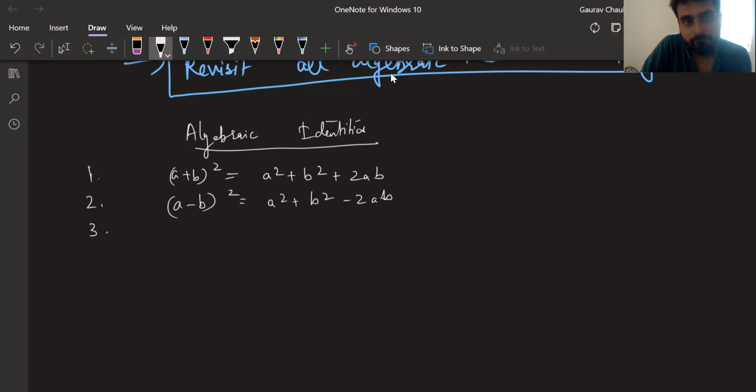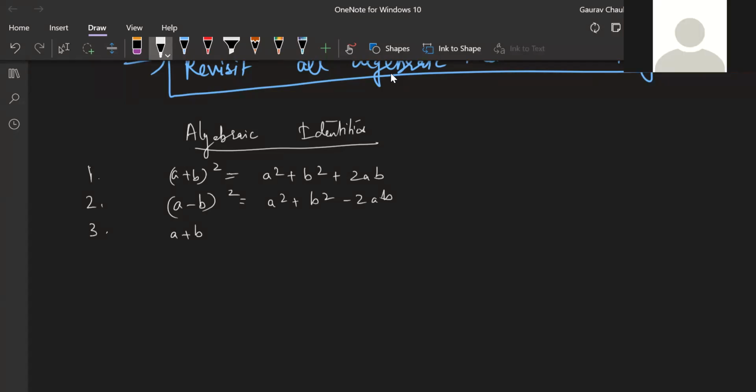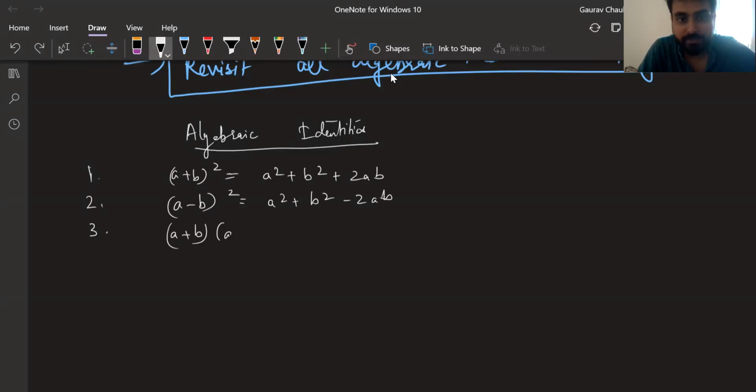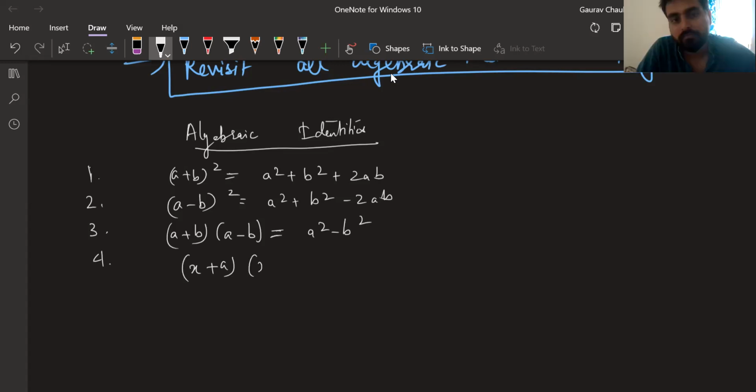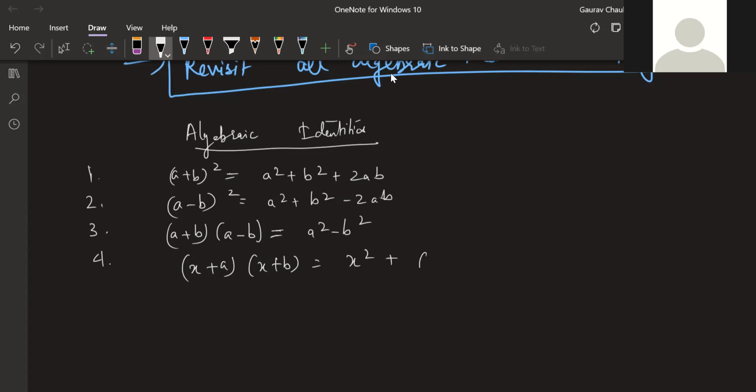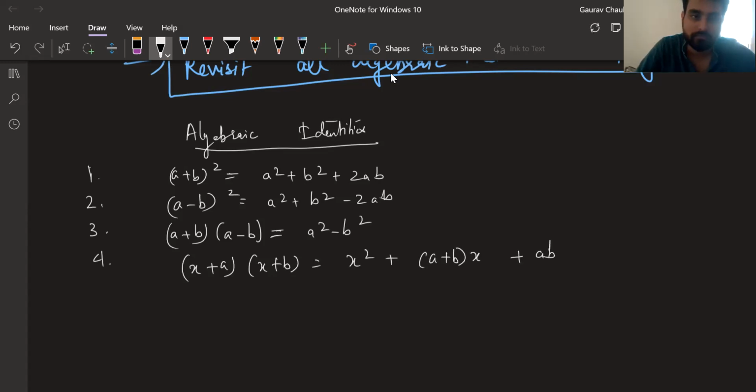And a plus b into a minus b is equal to a square minus b square. Then x plus a into x plus b is equal to x square plus bracket a plus b bracket close x plus ab. Very good.